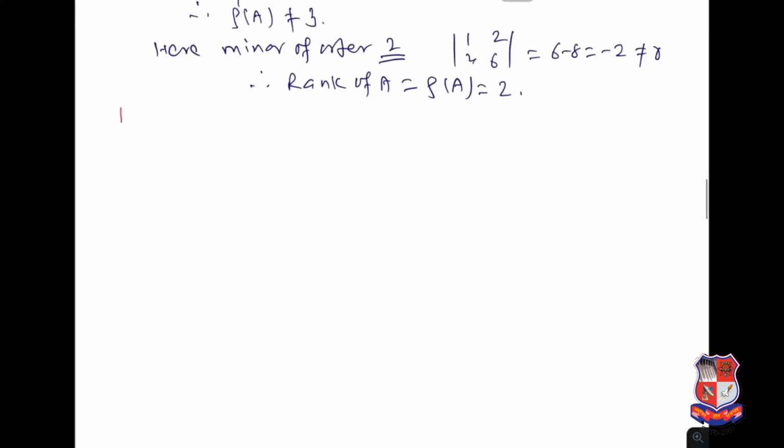Rank of a matrix by row echelon form, or say reduced row echelon form.